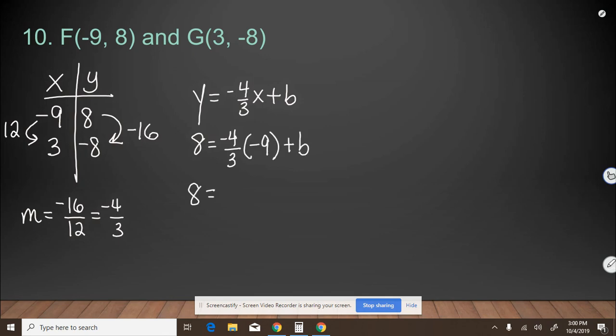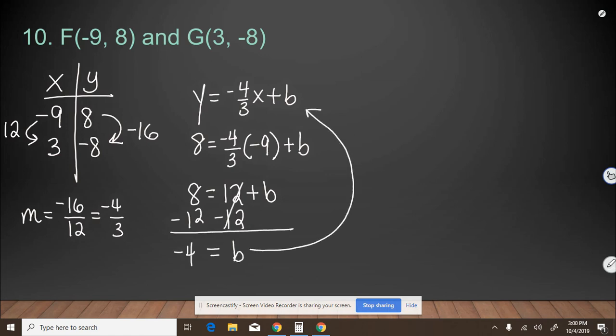So 8 equals, again, using that trick, -9 divided by 3 is -3. -3 times -4 is +12 plus b. Subtract 12 from both sides, and b equals -4. Plug that back in, and we have our final answer, -4/3 x minus 4.